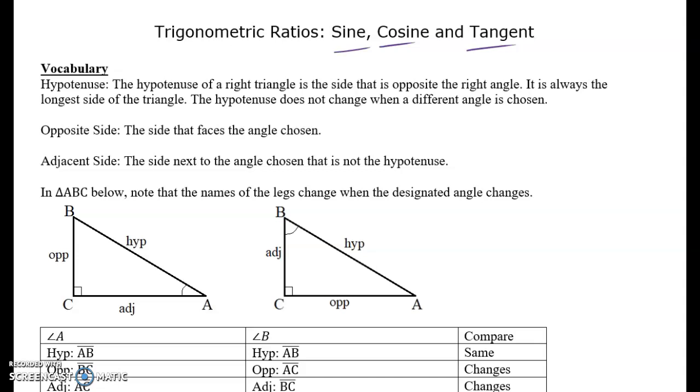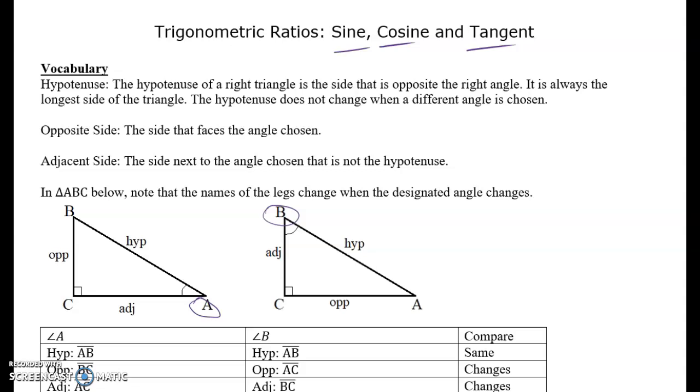Okay. So I have two triangles here that are the same. Triangle ABC. The only thing that's different is I'm indicating angle B on this side. There's angle B. We're indicating angle A on this one. Now you'll notice that with angle A, if I put my finger on it, I cover up these two sides, and the one that I'm not touching, that's my opposite.